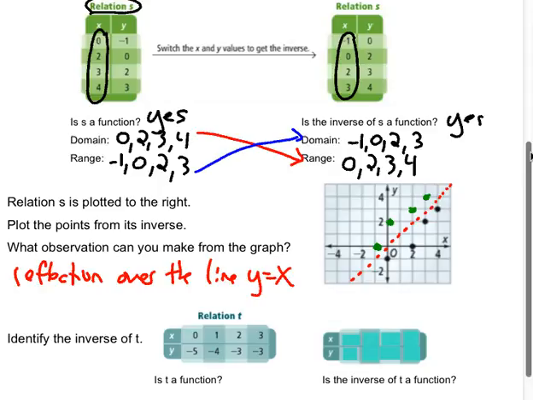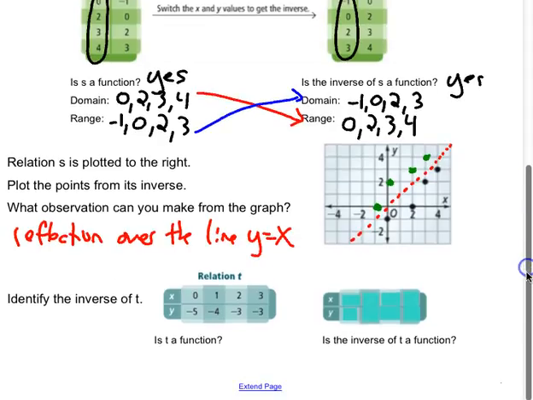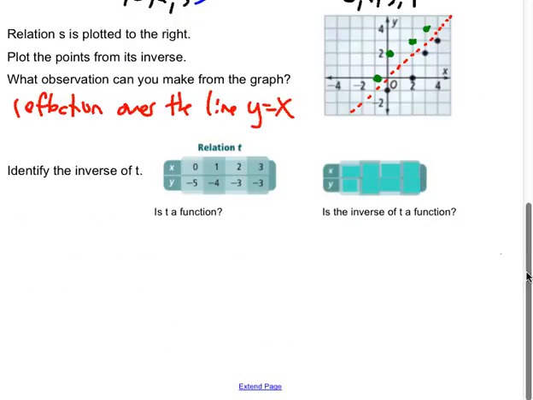Now I know this is a lot to take in all at once. So again, let's just take a breather. Let's do another example of this same type. So first off, if I'm asking you to identify an inverse, legitimately all you're doing is reversing the x's and the y's. So instead of (0, -5), we're going to be talking about (-5, 0).